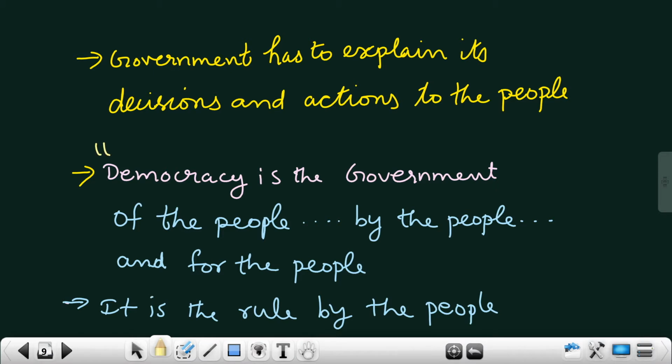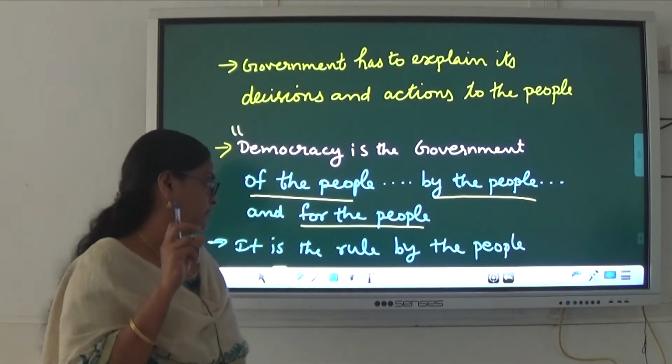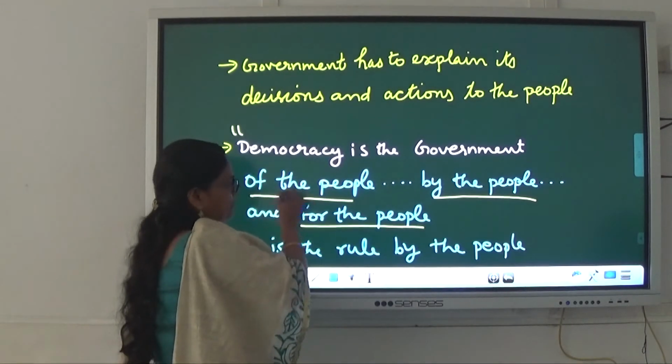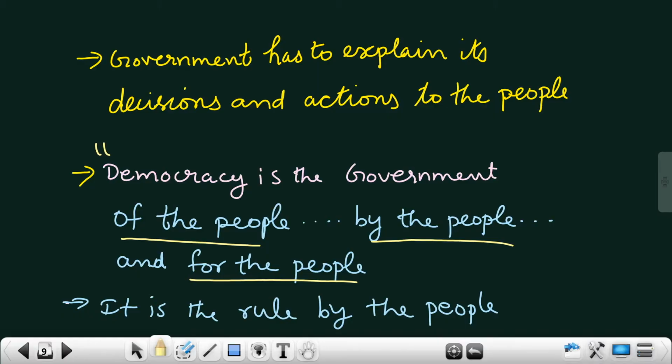So we can say that democracy is the government of the people, by the people, and for the people. Democracy is the rule by the people.